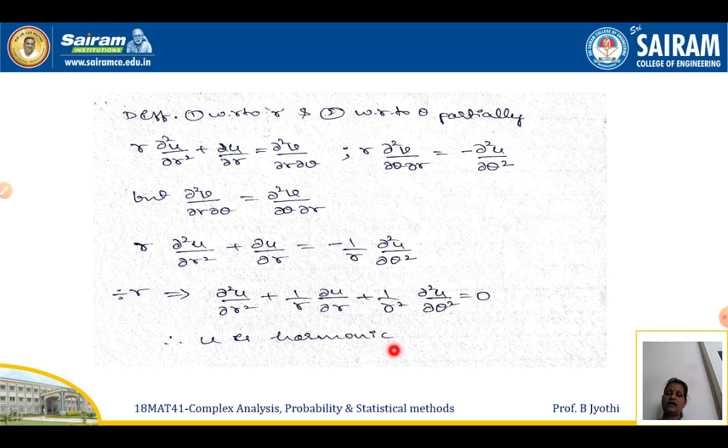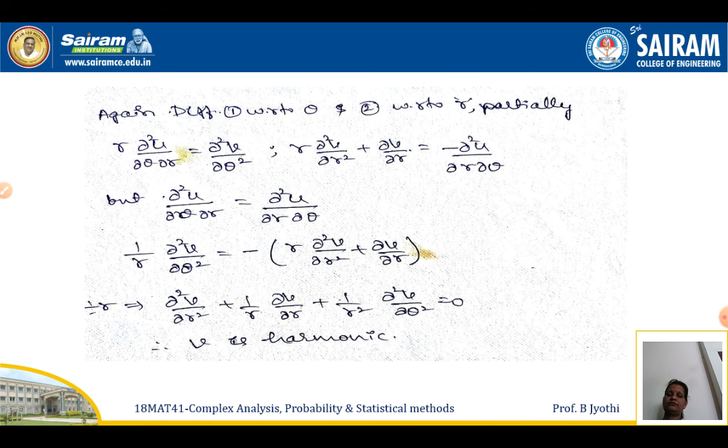Hence u is harmonic. In order to prove that v is harmonic, we'll just interchange, that is differentiate 1 with respect to theta and 2 with respect to r partially.